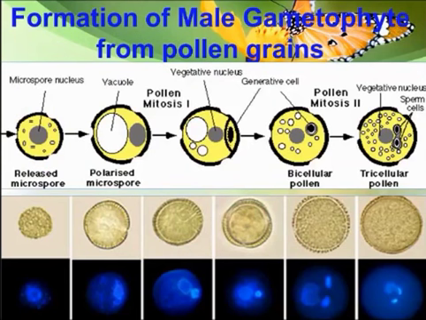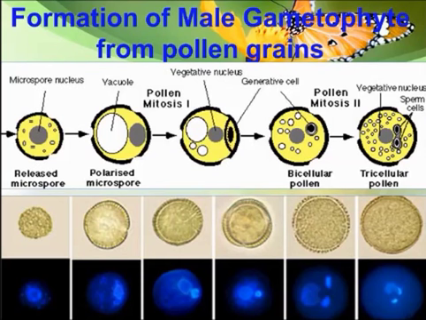Here we shall discuss the sequential events of microgametogenesis, which leads to the progressive development of the unicellular microspores into mature microgametophytes containing the male gametes.